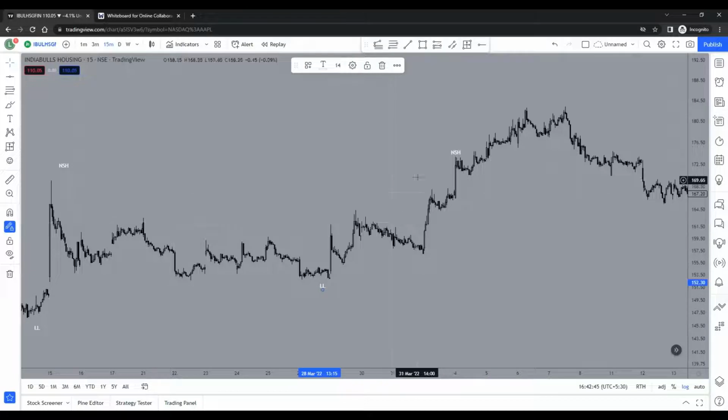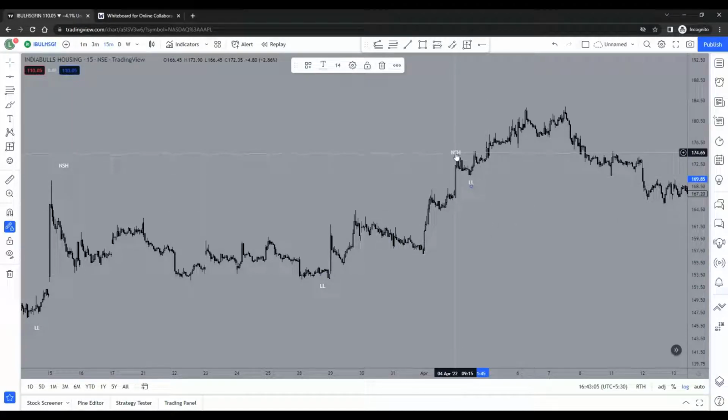You see, so this is a new structure high. The price has crossed here, it has made a new structure high here. Okay, now we'll see what exactly is the lowest point, the retracement point. This is called the retracement.